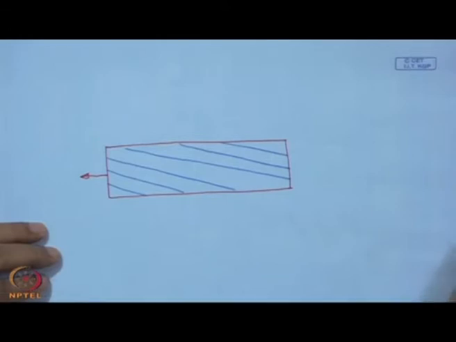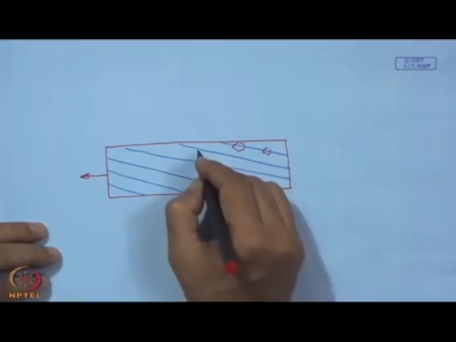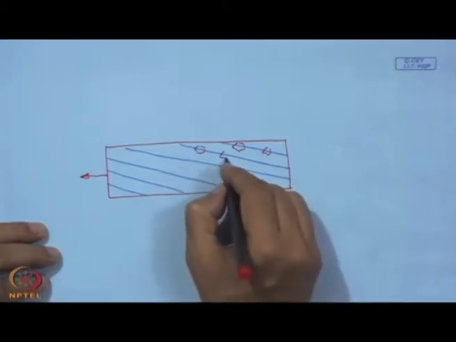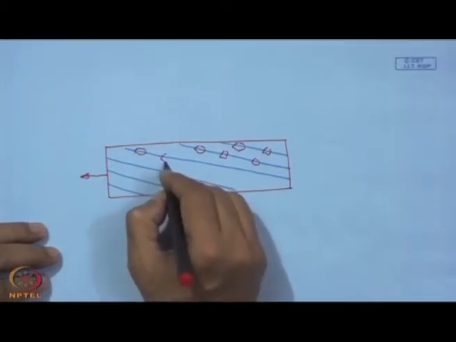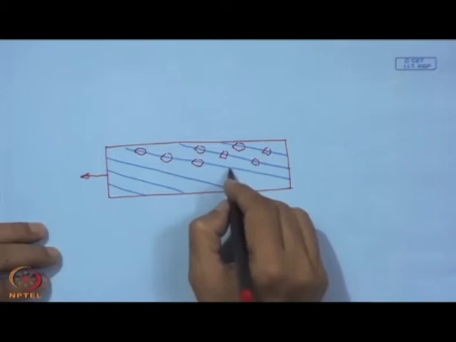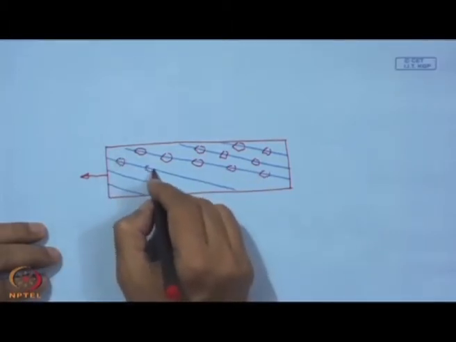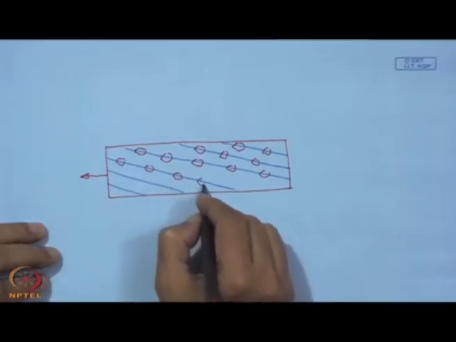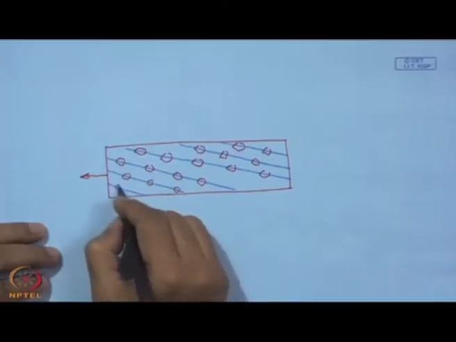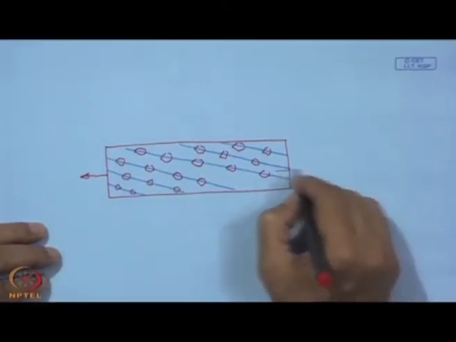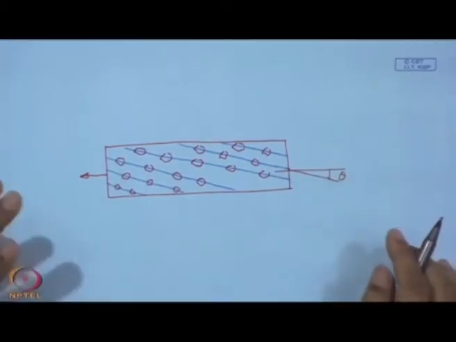So, here what is going to happen? This is one of the grits, and it is actually arranged in an oblique manner. This is called the helix angle theta. What is the advantage of this orientation?